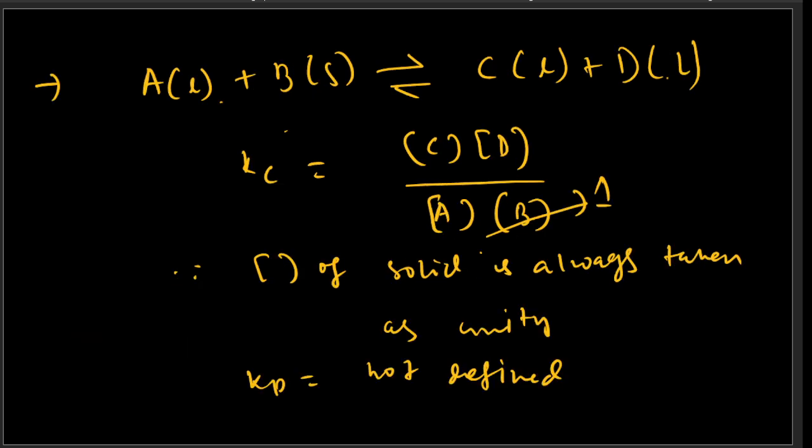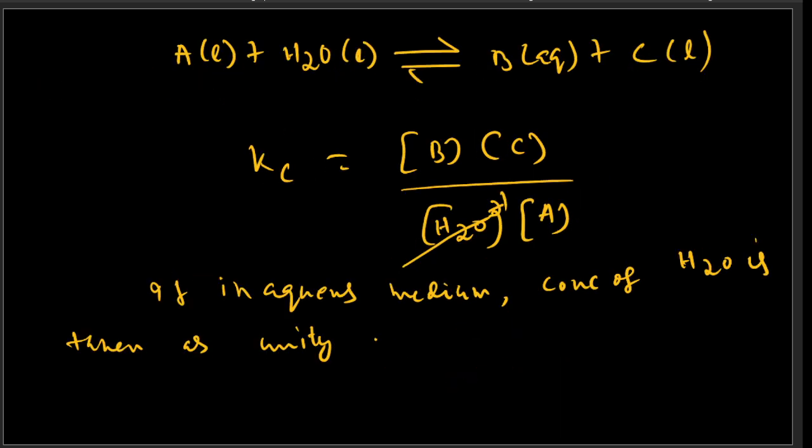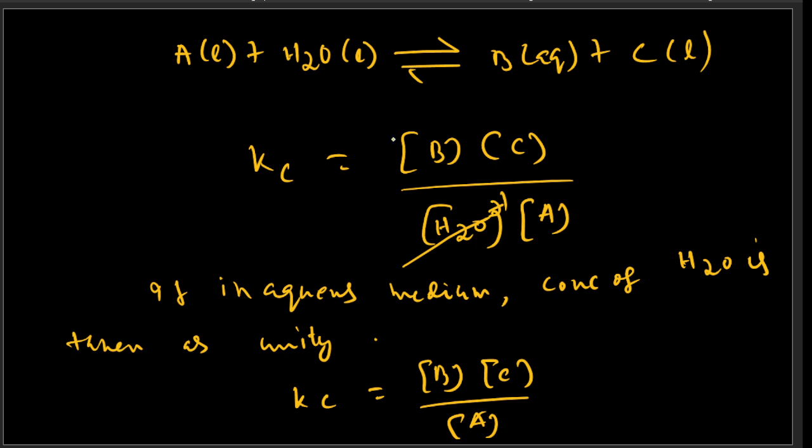Okay, so Kc will become the concentration of A, the concentration of C, and so on. So what will be the Kp? This is the Kc, and for Kp, since no gas is present, it is not defined.